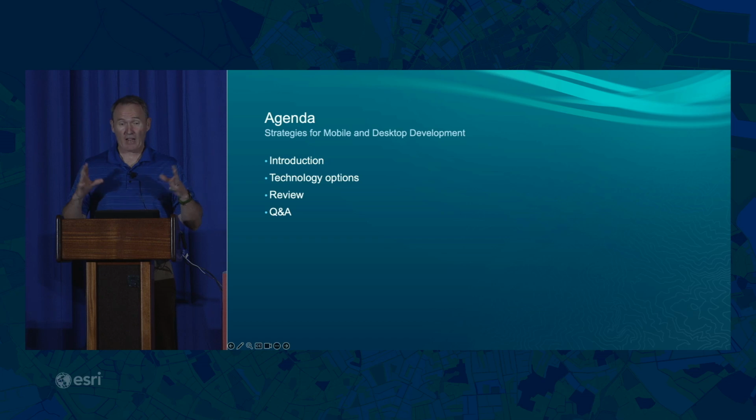There are a lot of different factors that go into what technology you should choose, and we're going to talk about some of those considerations. Really, we're here in this session just to guide you in that decision-making process. We will not go deep into any particular product.